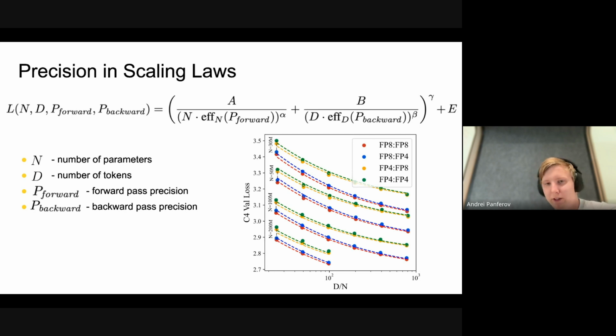We capture a very wide range of both parameter counts and token counts for this scaling law, and we demonstrate that it can very accurately fit the losses and very accurately predict models' performance when training models with quantization-aware training.